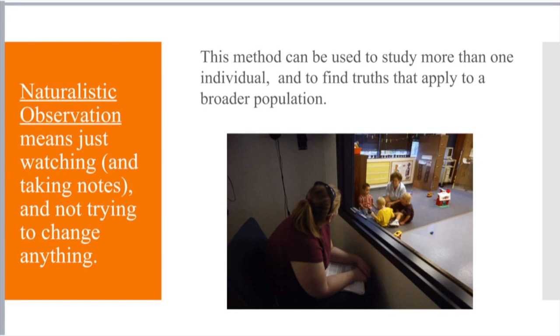So this is a method that can be used to study more than one individual, and its goal is to find truths that apply to a broader population. So let's just put kids in a playroom and watch them and see what happens, and take away this understanding of how this randomly assigned population of kids can be representative of kids as a whole.